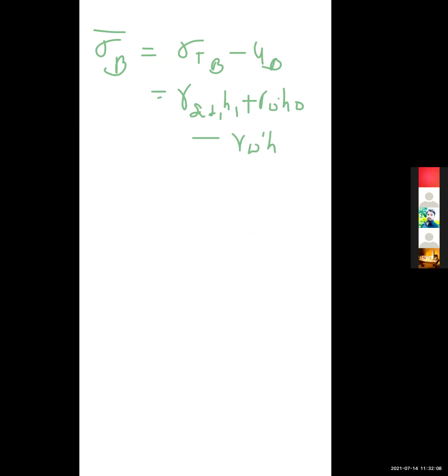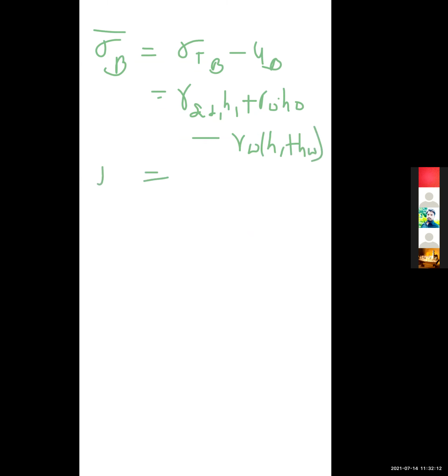Sigma B effective stress equals total stress at B minus pore water pressure at B. Total stress at B is gamma sat into H1 plus gamma W into HW, minus pore water pressure, gamma W into H1 plus HW.